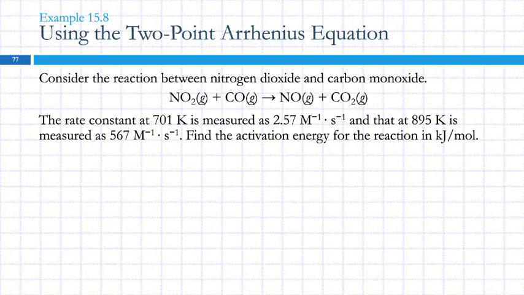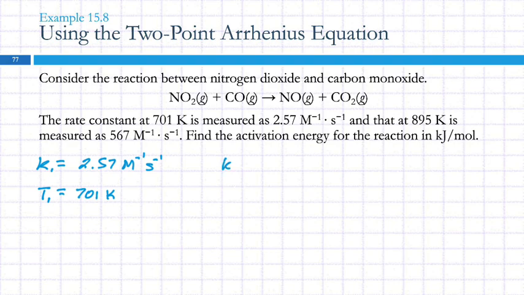Consider this reaction between nitrogen dioxide and carbon monoxide. They're giving us a rate constant, and the temperature, 701 Kelvin, is measured at 2.57. So let's call those K1 and T1.